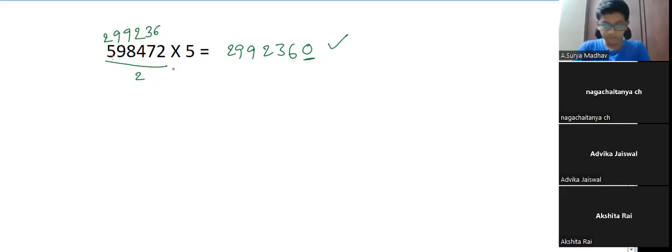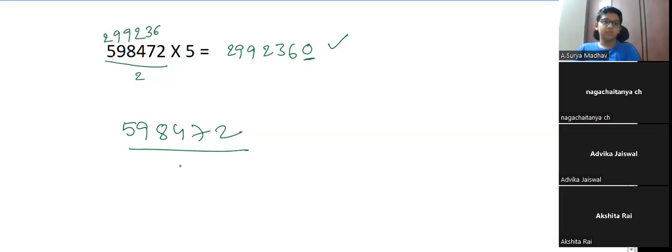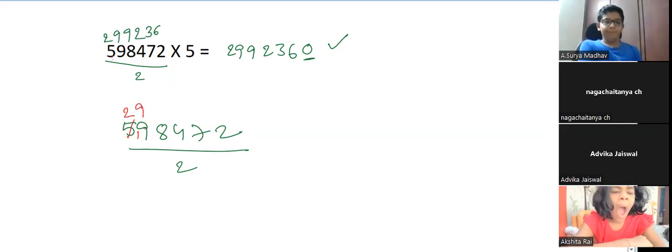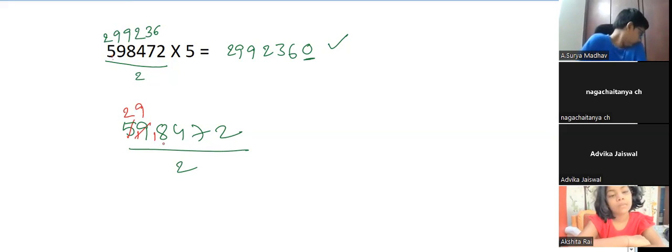Advika, understood? No, sir. Yes, sir. 598472 divided by 2. See, 2 in this 5 goes 2 times, 1 remainder. With that 1 it becomes 19. In 19, 2 goes 9 times, again 1 remainder. With that 1 it becomes 18.